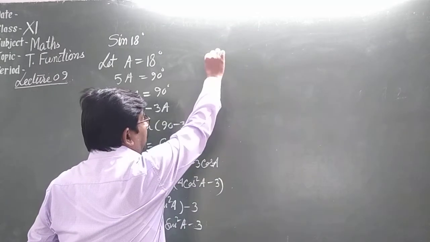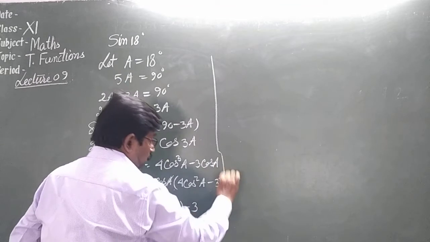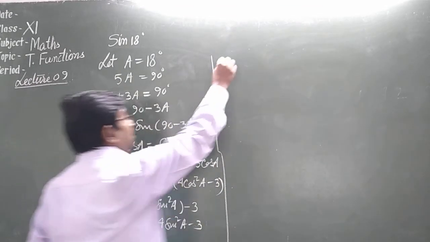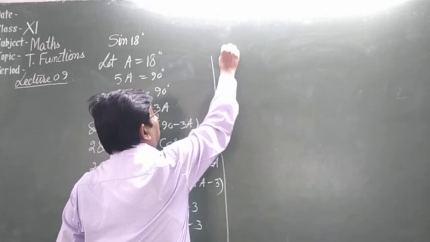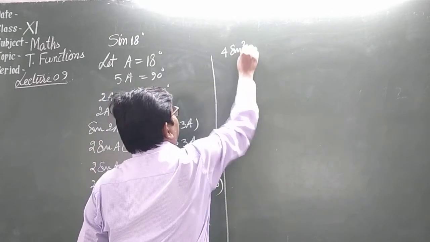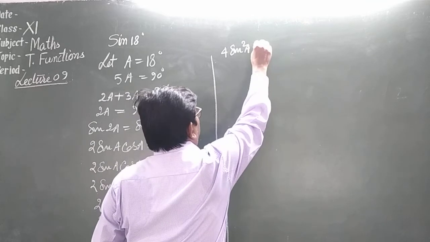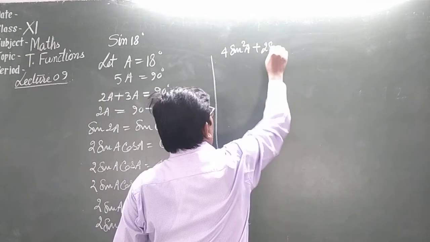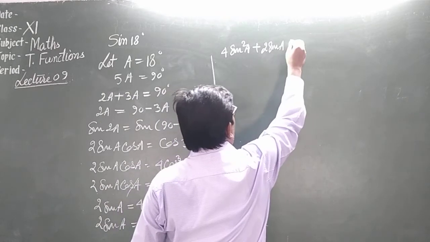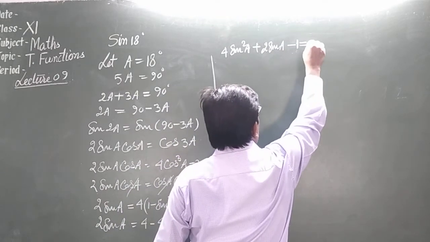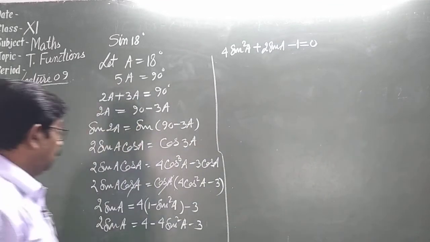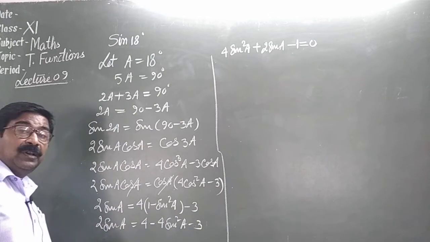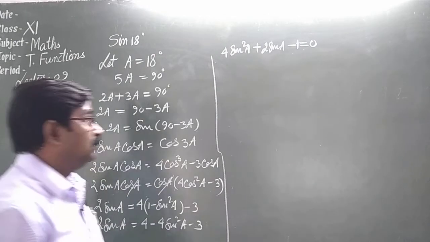Bring this term to this side. See, I am writing here: this 4 sin square A comes to the left, so we have 4 sin square A plus 2 sin A minus 1 is equal to 0. Plus 4 minus 3 is 1, it comes to the left, it becomes minus 1.